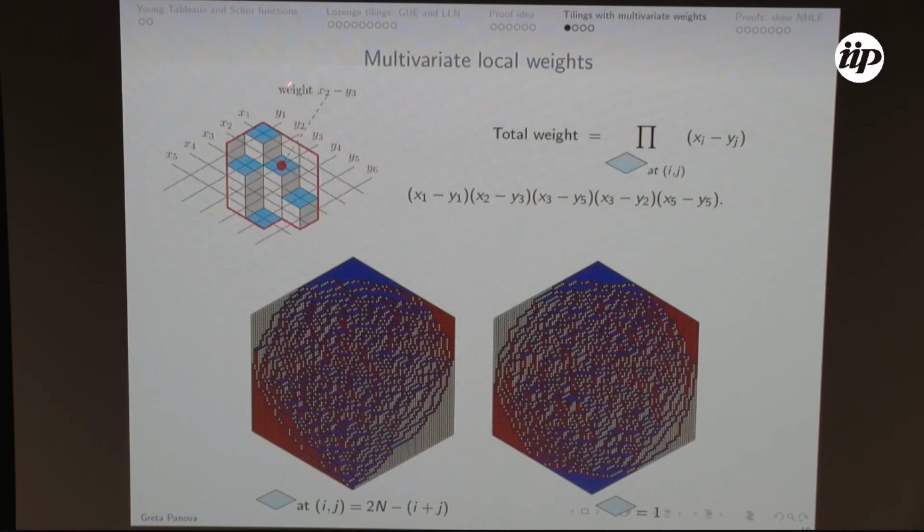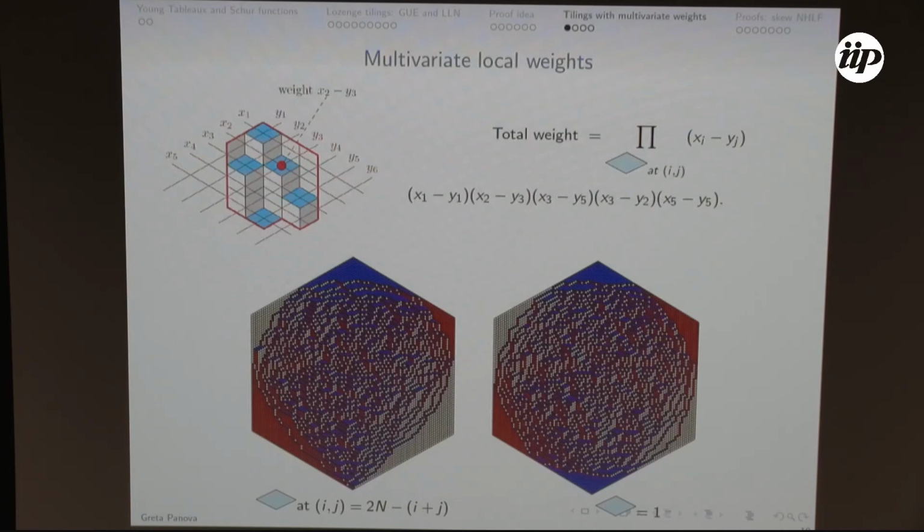So these are x's and these are y's. If we have a horizontal lozenge like this one, which is at position ij according to this coordinate system, then we assign it a weight x2, so it's line 2 here, minus y3. It's line 3 in the other direction.